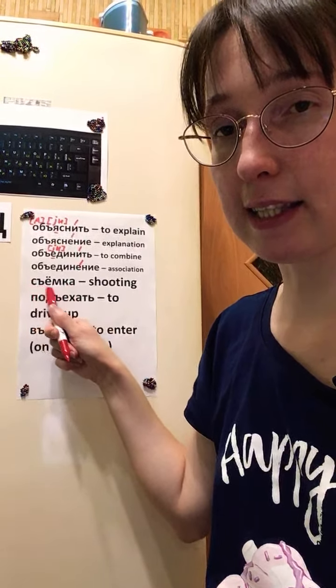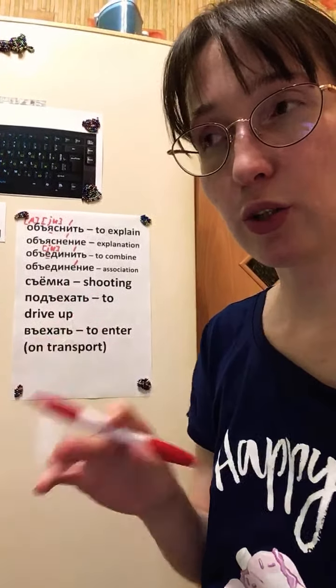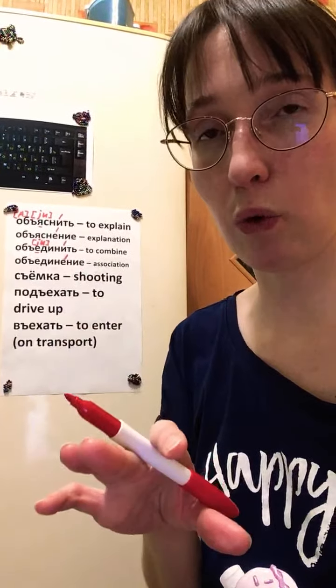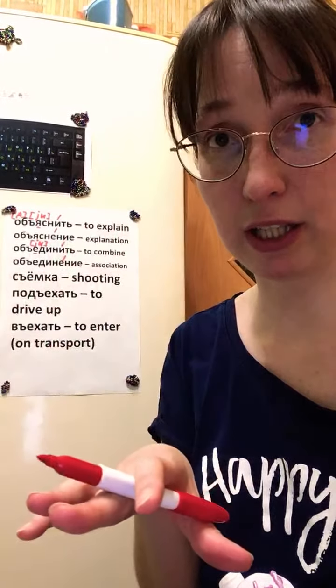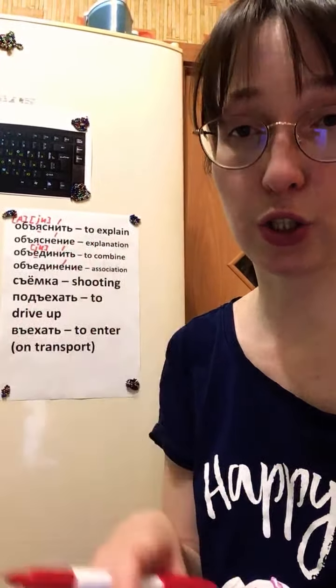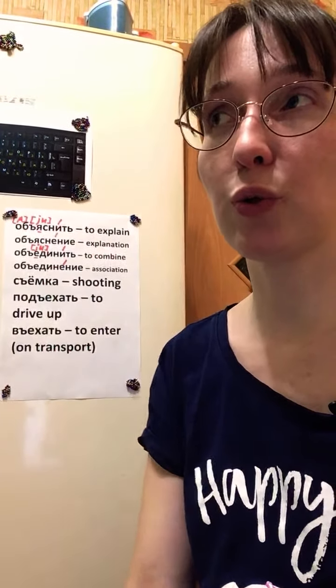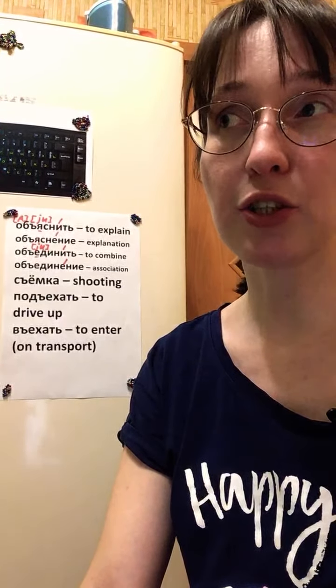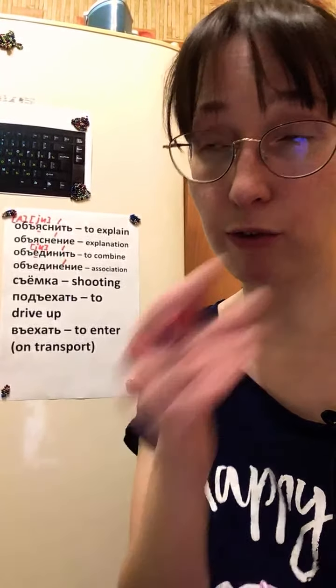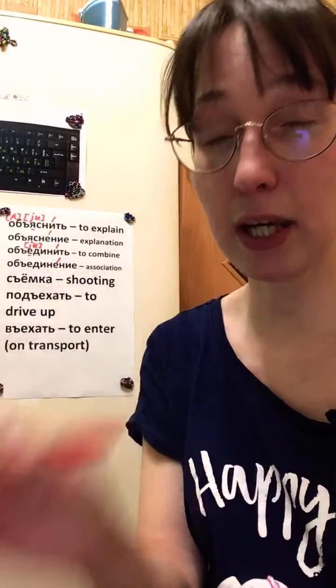Съемка. You can use just this word if you take pictures. You can call it съемка. But if you film something, you can say съемка видео. If you're talking about filming, you can say съемка видео.